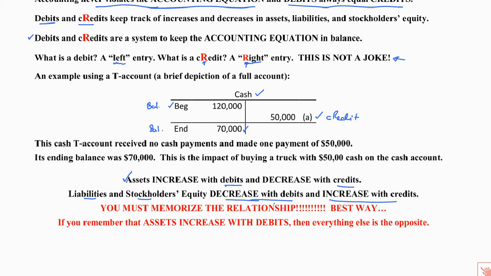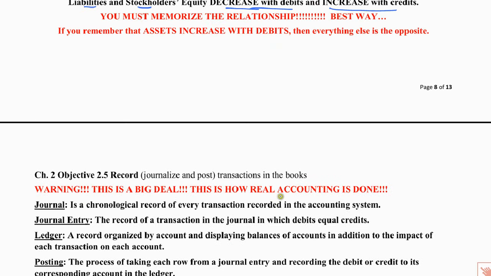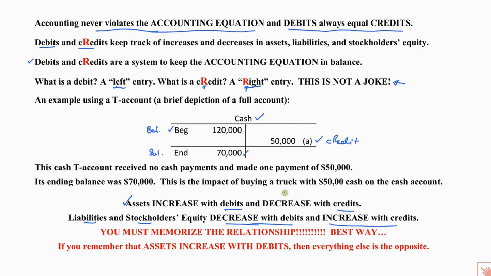Okay? The other way to remember it, see if I got some blank space here, and I don't. I'll fit it in here. This is called a tabular balance sheet. So a balance sheet when you write it side by side.